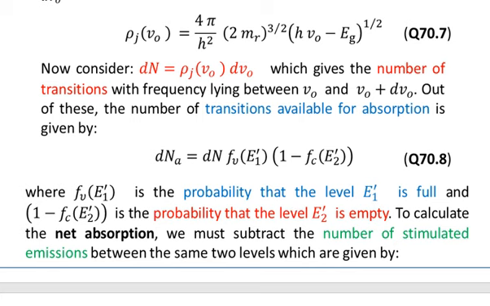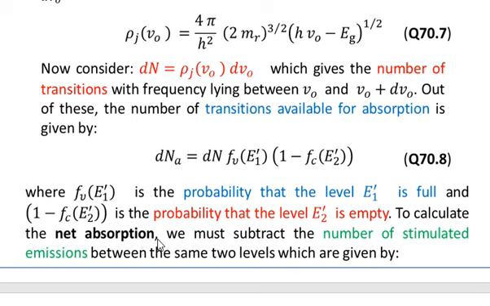To calculate the net absorption, we must subtract the number of stimulated emissions between the same two levels, which are given by. So you see that when we try to do the stimulated absorption, there is also a possibility of stimulated emission. So we have to subtract the number of stimulated emissions so that we can find out only the absorption numbers, which we call net absorption.